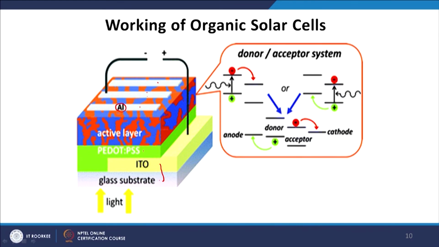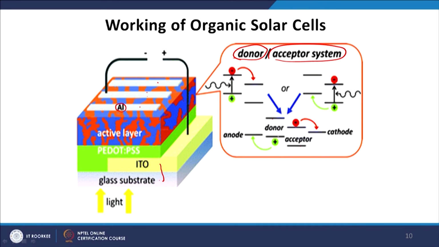Now, if we look at this active layer, you will see that it is made of two different compounds, one is the donor and the other is the acceptor material. We already said that as a donor we can use a conjugated polymer, and as an acceptor a small molecule. This is the donor molecule, and this is our acceptor molecule.